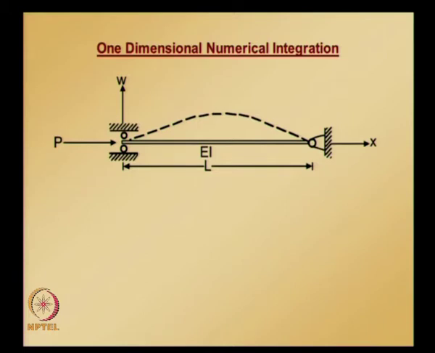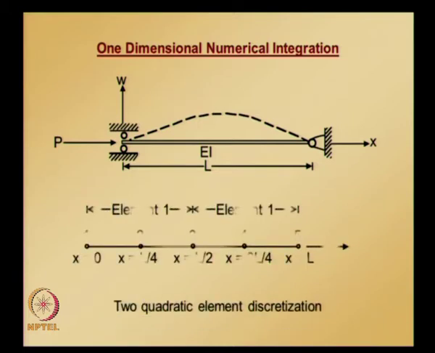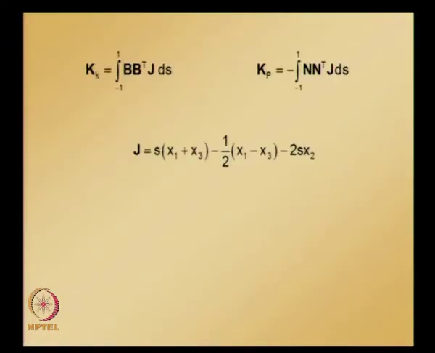This is the column buckling problem that we looked at, and you can notice that the discretization involved 2 elements, and locations of nodes are also shown for both elements 1 and 2, and before we solve for critical buckling load or mode shapes, we are required to evaluate these integrals for each of the elements, and for the problem that we solved, it happened that J is constant.